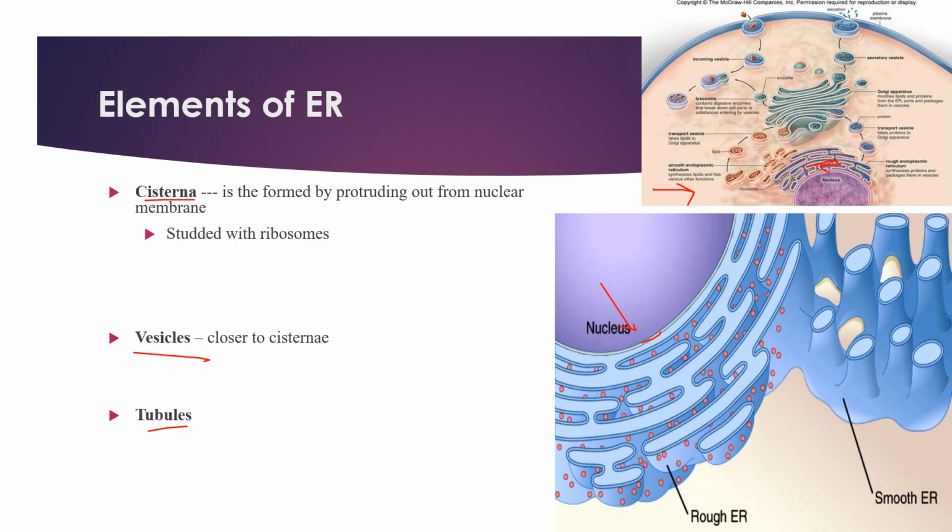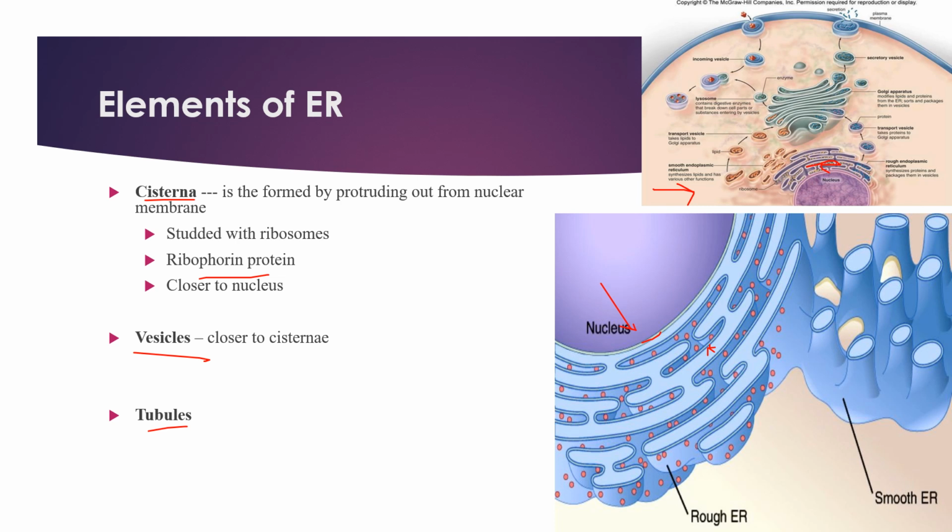This cisterna is studded with ribosomes. As you can see here, these red colored structures are the ribosomes on the cisterna. These ribosomes are attached with the help of a protein, and in that case the protein is ribophorin protein.